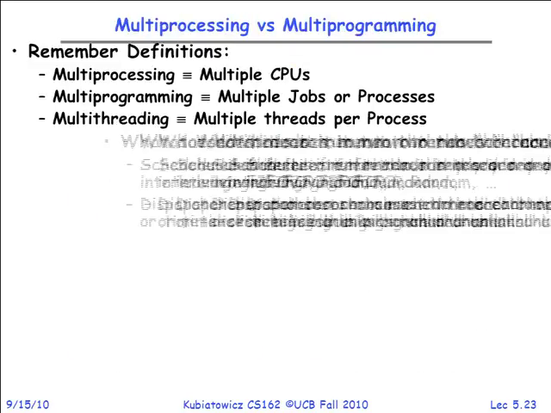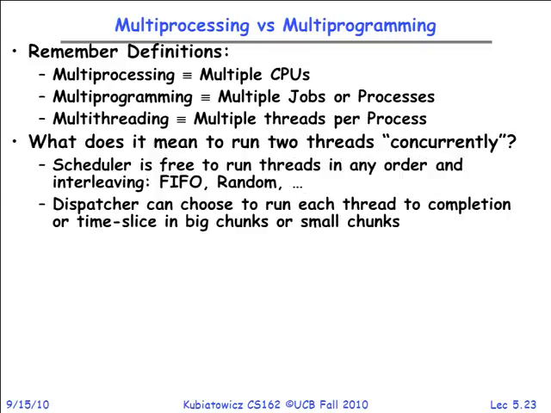So what does it mean to run two threads concurrently? Remember we were distinguishing concurrent and parallel. I gave you this definition early on. If two threads can run concurrently, it doesn't necessarily mean they run at exactly the same time, but it means they could in principle be interleaved in some arbitrary way.